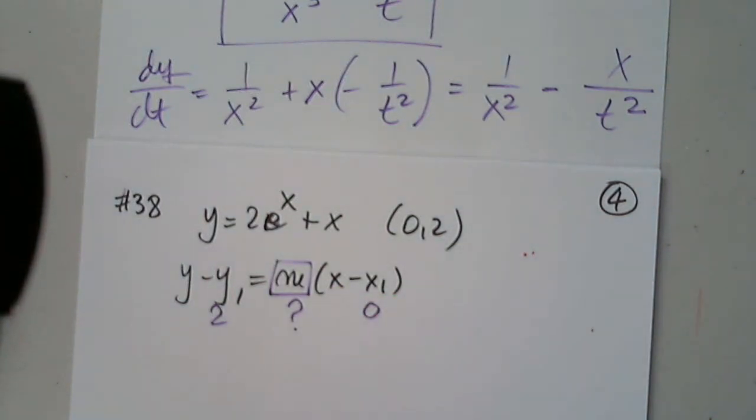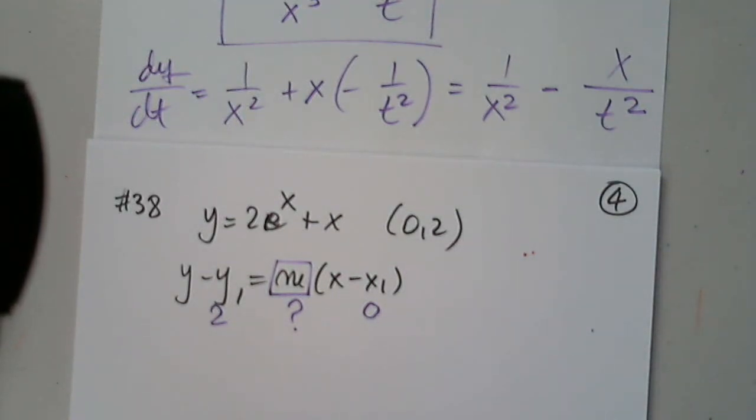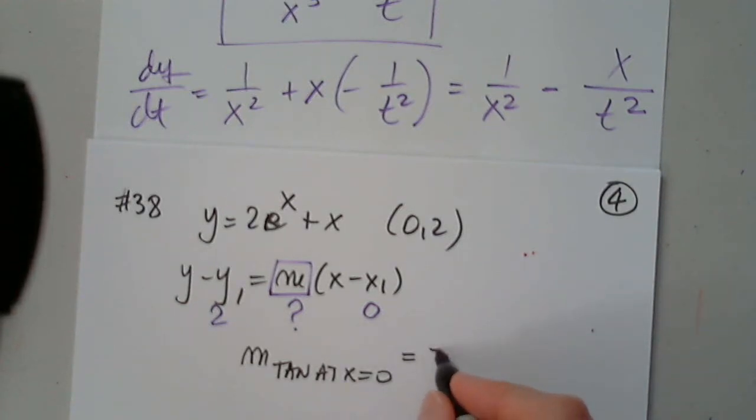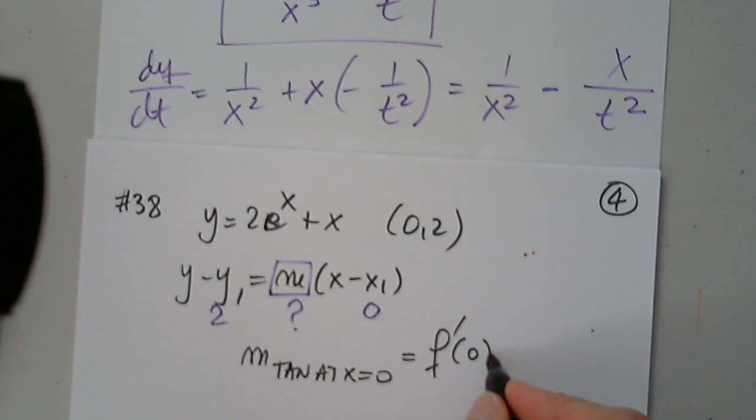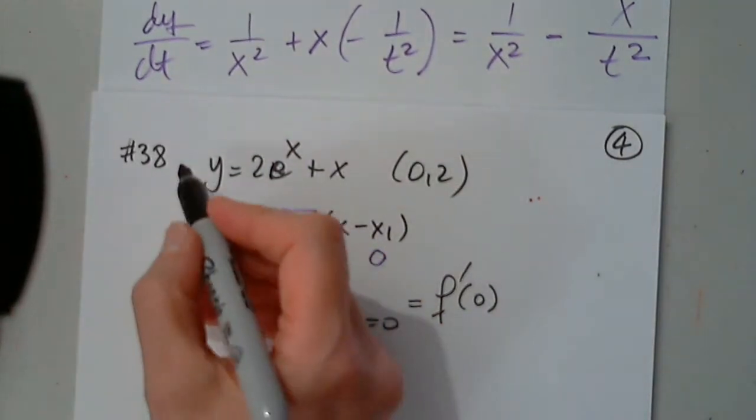How do I determine the slope at 0? How will I find the slope at 0? The slope of the tangent at x equals 0 is nothing else but f prime of 0, which is this.